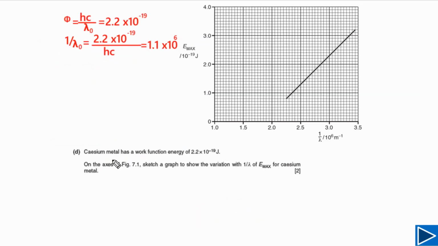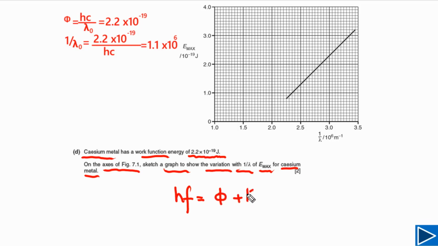That's all. This question is simply telling us cesium metal has a work function energy, which is given to us on the axis of figure 7.1. This is figure 7.1. Sketch a graph to show the variation with 1 over lambda of Emax for a certain metal. So if we write Einstein's photoelectric effect equation, hf is equal to work function plus maximum kinetic energy.